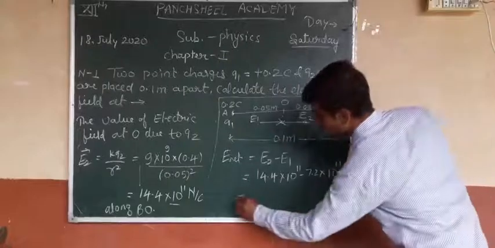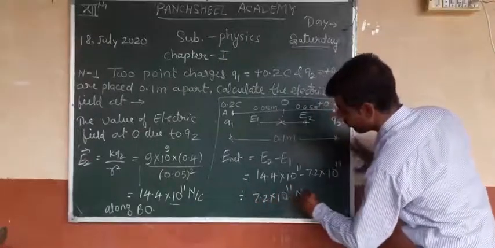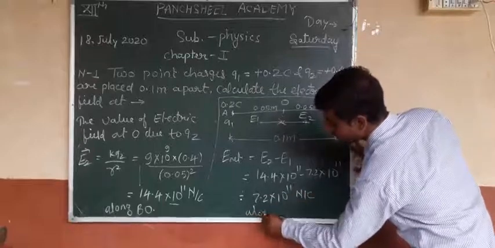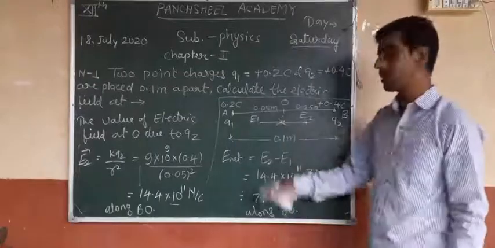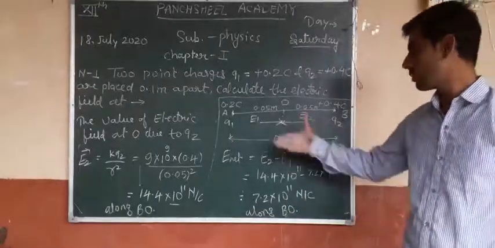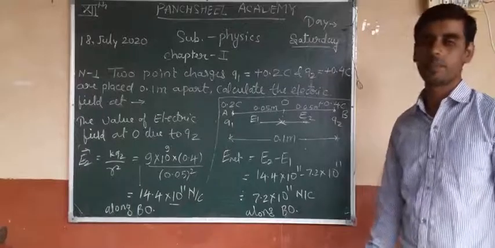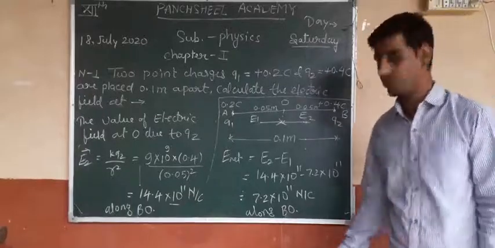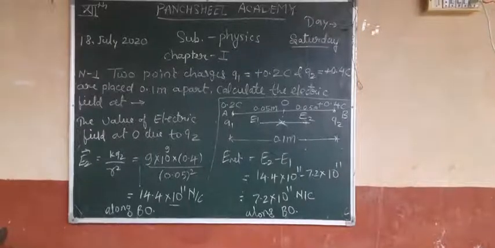Okay. So you will get 7.2 into 10 to the power 11 Newton per coulomb along which direction? Along BO. Why BO? Because this is a more value, so the resultant electric field is along BO direction. Okay, write down and we will go on to the second question.